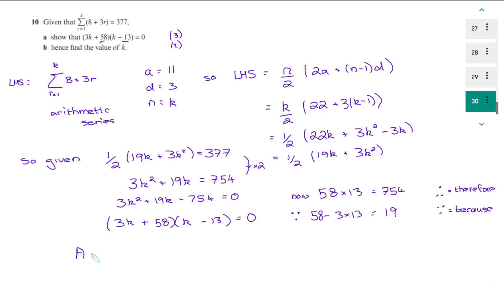So you could say, as k is an element of n, or you could just say k must be a whole positive number, or k must be a counting number, however you want to say that you know k is restricted, then k equals 13 is the only solution.